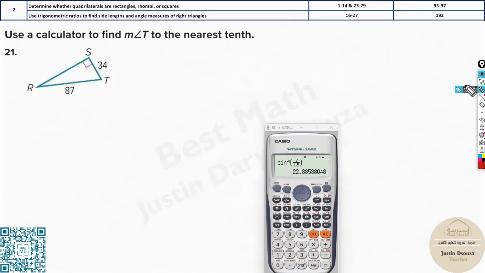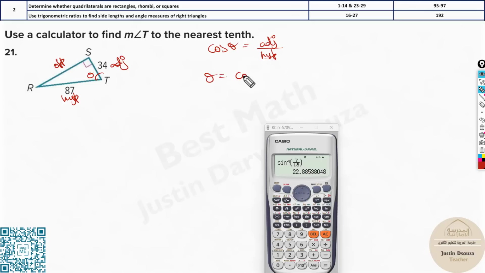Here as well, let's do it. T is theta, opposite is unknown, hypotenuse is known, and this is adjacent, that is also known. So hypotenuse and adjacent is given by cosine theta. Whenever you have the hypotenuse, it's either sine or cosine. If there's no hypotenuse, then it has to be tan. Now here, cosine theta is adjacent by hypotenuse.